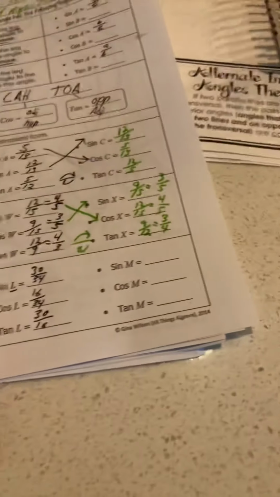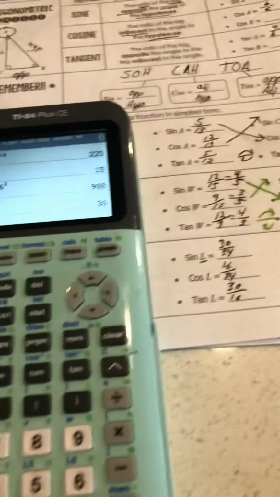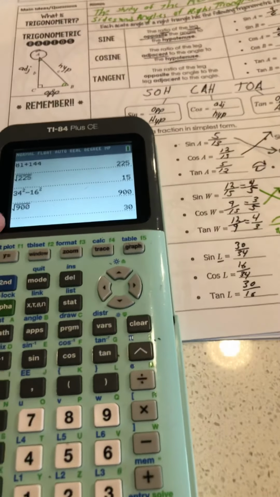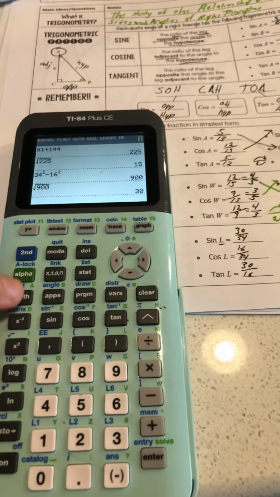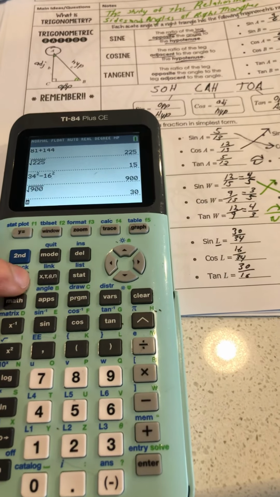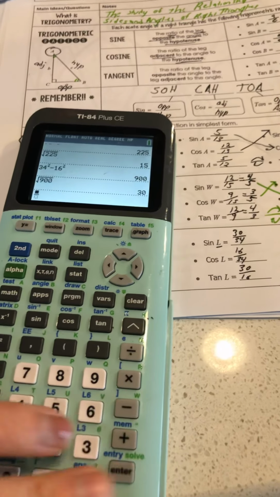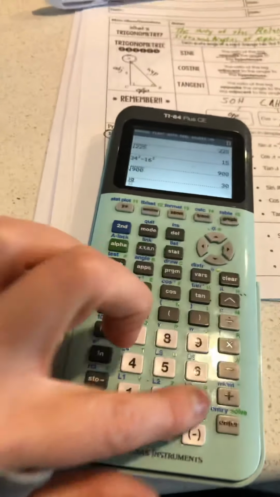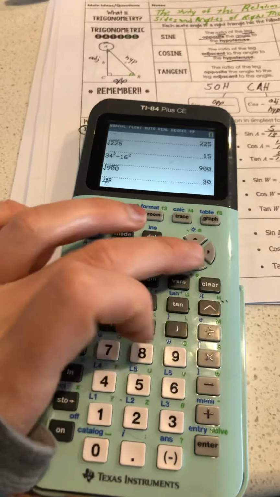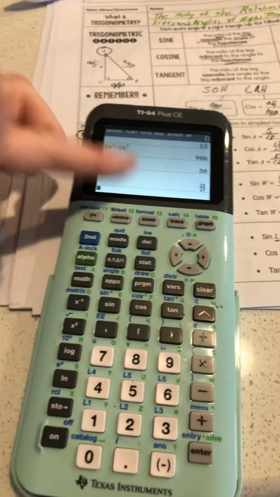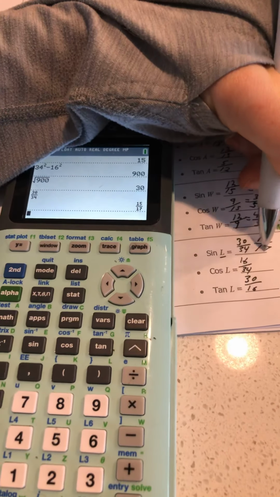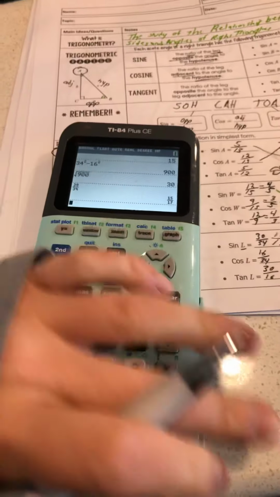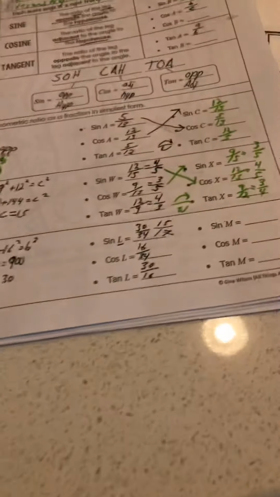You could do it two ways. One, you could just type it into your calculator, if you have one, or you could do it online too. I just do alpha y equals, 30 over 34 will simplify it for me to get 15 over 17. Or you could just figure out what they have in common and divide.